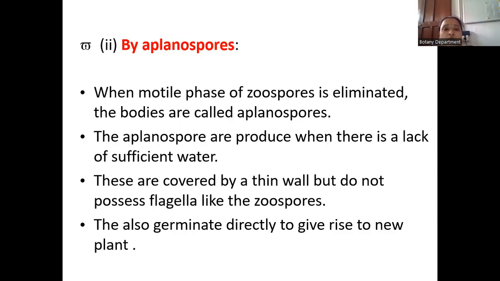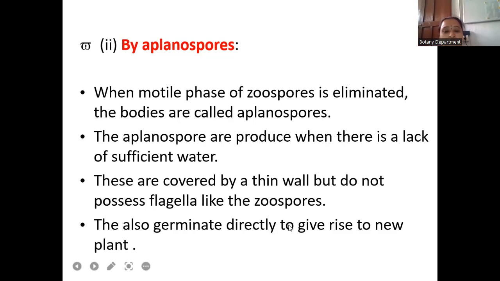They are covered by a thick or thin wall, but do not possess flagella. Zoospores have flagella, but aplanospores do not possess flagella like the zoospore. This is the most important point: where the aplanospore is there, the flagella is totally absent.